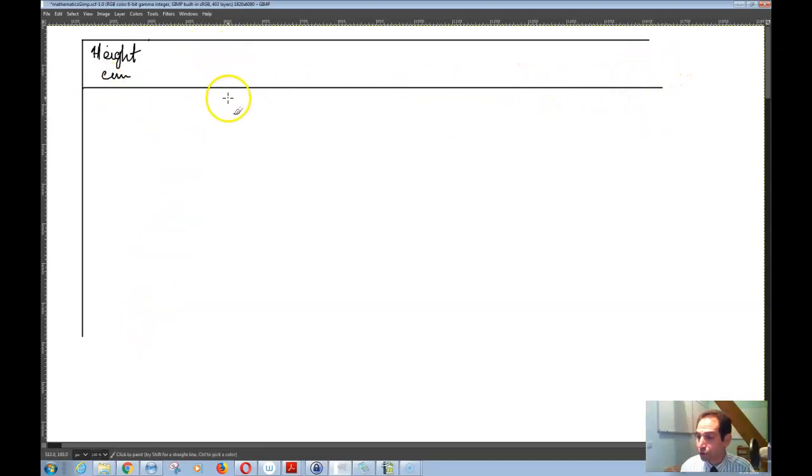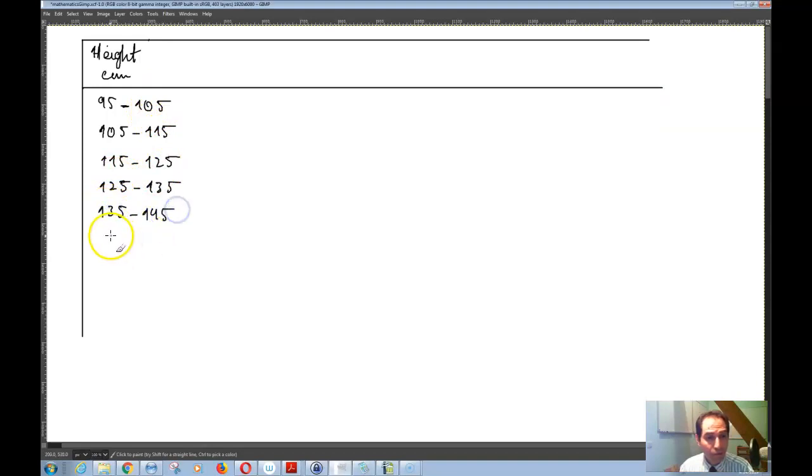and your data has been grouped into a few classes, 95 for example to 105, 105 to 115, 115 to 125, 125 to 135. So 95 to 105 is 100, okay. 135 to 145, and 145 to 155.